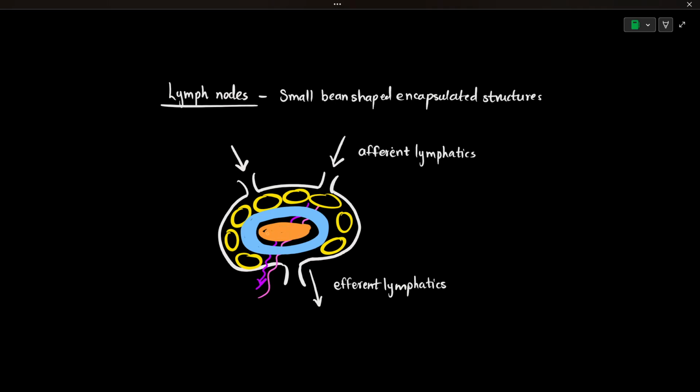The blood vessels entering the lymph nodes penetrate the capsule, which is the outermost covering, and they also release their lymphocytes in the medullary region. So these are the three regions: cortex, the outermost one, then paracortex, and medulla, the innermost one.